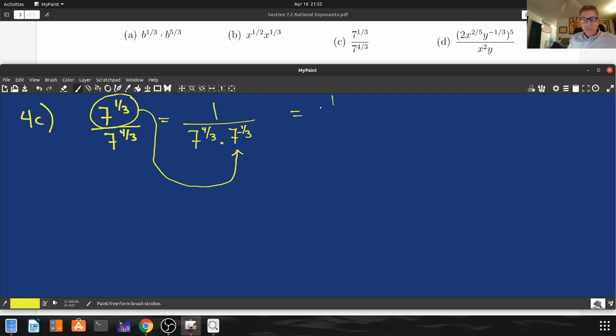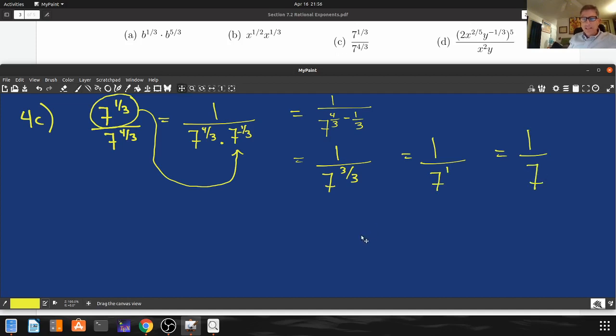Now let's proceed. That's 1 over 7 to the 4/3 minus 1/3, which is equal to 1 over 7 to the 4 minus 1 is 3 divided by 3. So that's equal to 1 over 7. 3 divided by 3 is 1. So that's just equal to 1/7.